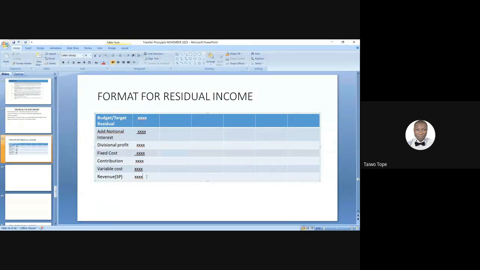So you need to determine the portion of the external revenue from it. Once you determine that portion, let's say, external revenue, you less external revenue from the overall revenue. What you have will be the internal revenue.